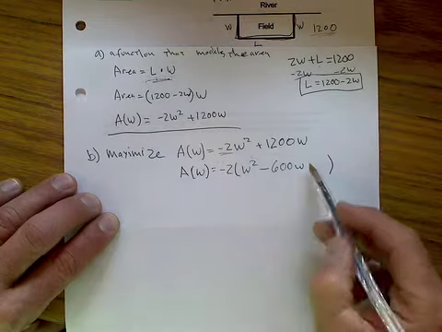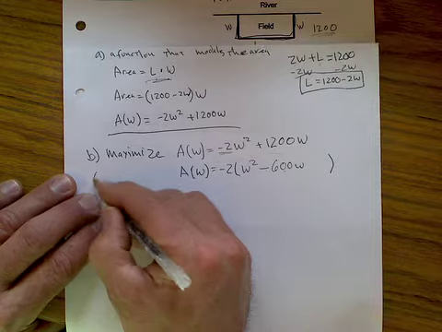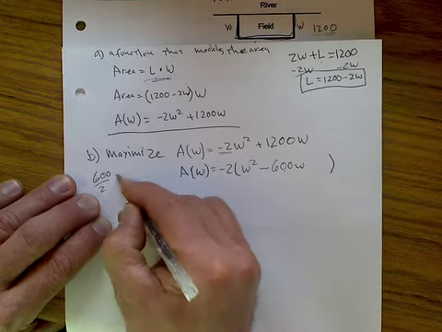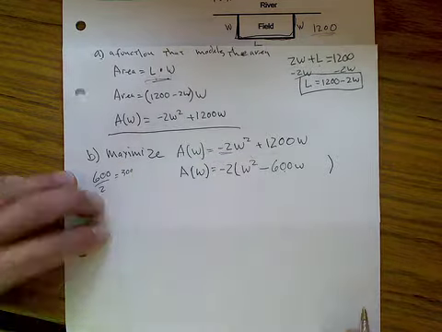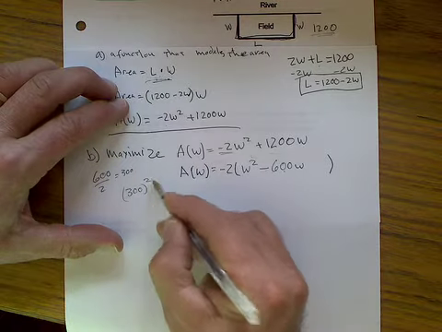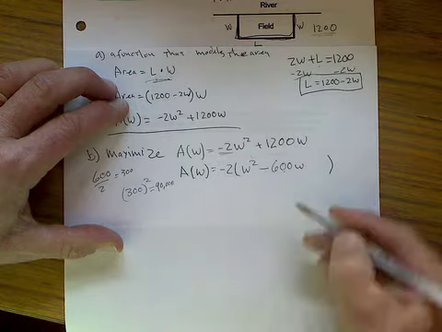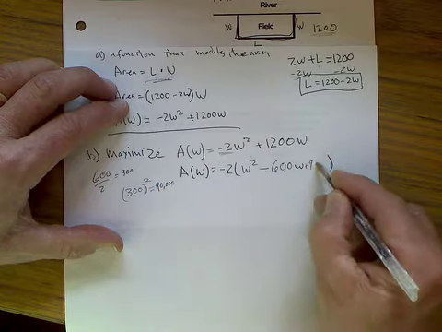Now, to complete the square, I'm going to take half of this. 600 divided by 2 equals 300, right? And then I'm going to square it. 300 squared equals 90,000. So I'm going to add that here.